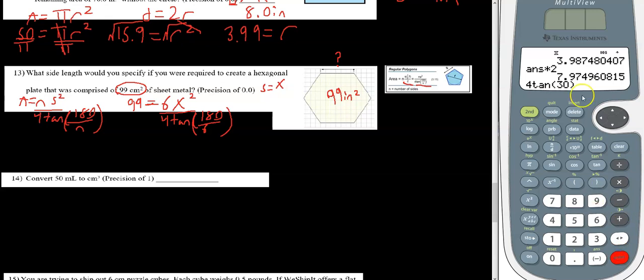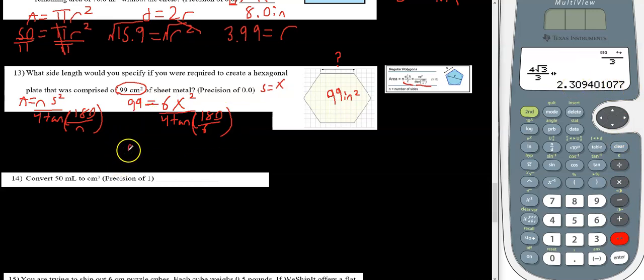And if I hit enter, I will get some rational number. If I don't like that number, and I don't because we are dealing with precision here, I'm going to go ahead and hit my conversion button and I will get the actual answer, which is 2.3. And so I can rewrite this to say 99 equals 6x squared divided by 2.3.